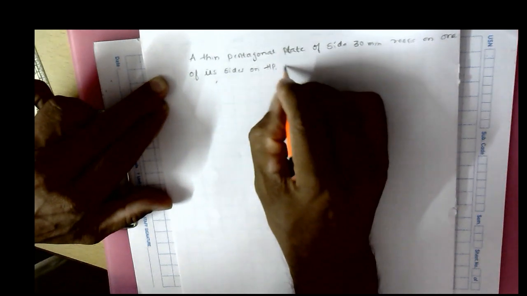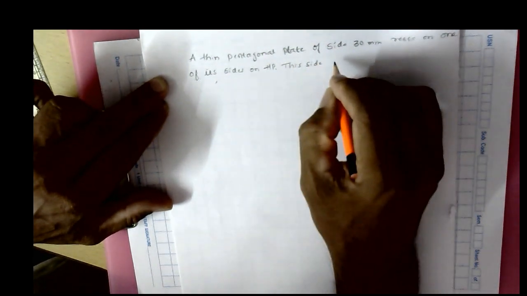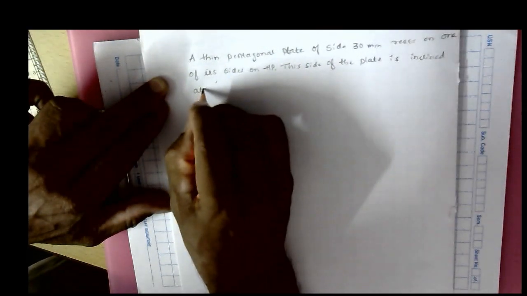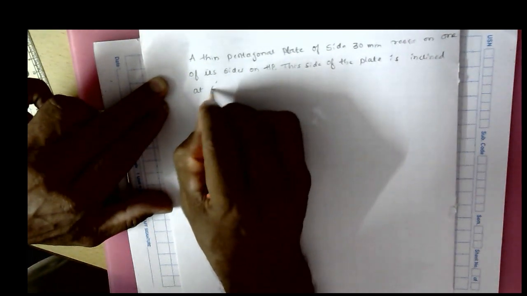This side of the plate is inclined at 45 degree to VP.